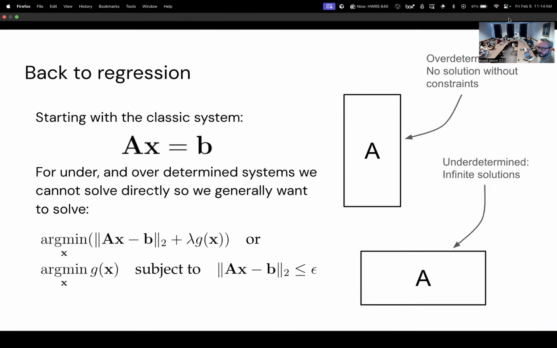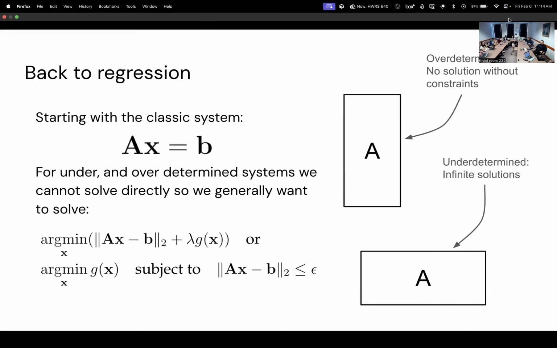And in general, those have no solution unless you add constraints. On the other hand, underdetermined, we have many more unknowns, and we have many ways to satisfy the system of equations. In fact, infinite. So in general, if we want to work with systems of this nature, we have to do something to solve these.